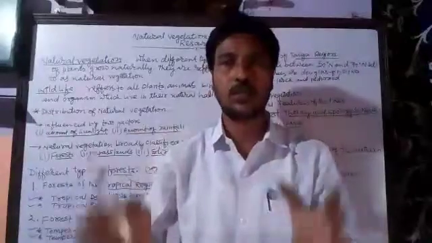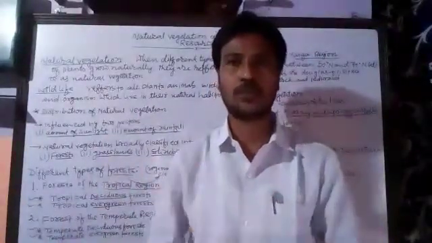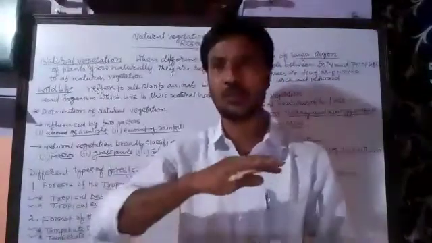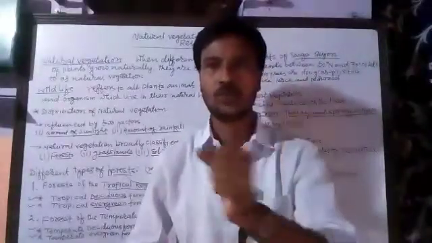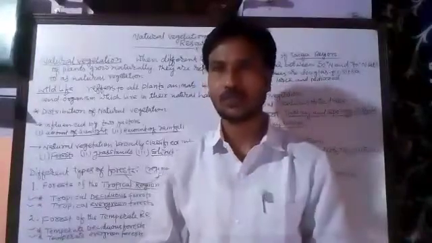All the plants, the grass and the bushes that grow naturally are called natural vegetation. So natural vegetation includes the forests, the grasslands and also the shrubs.